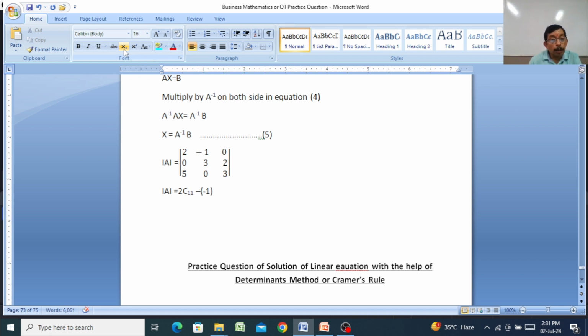The second element of the first row is minus 1 and its cofactor is C12. And the last value of the determinant is 0 plus 0, and its cofactor is C13.